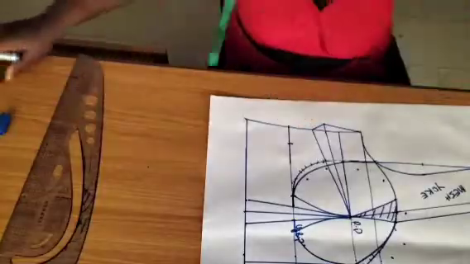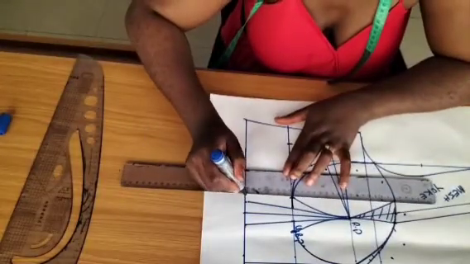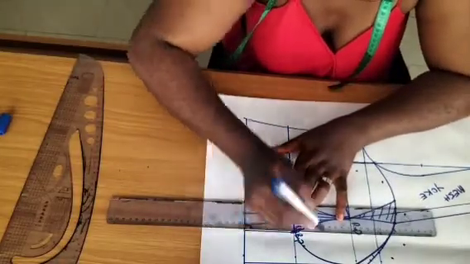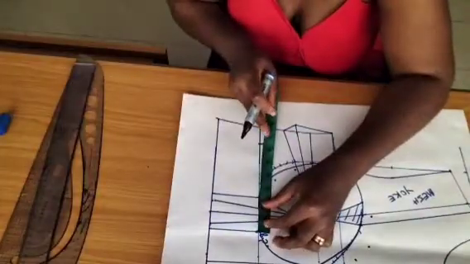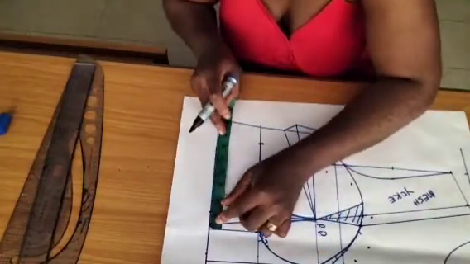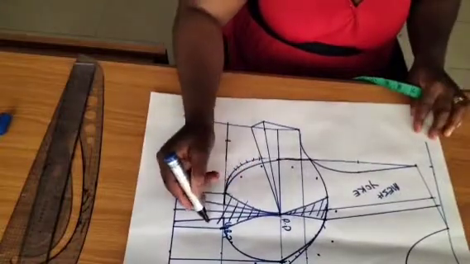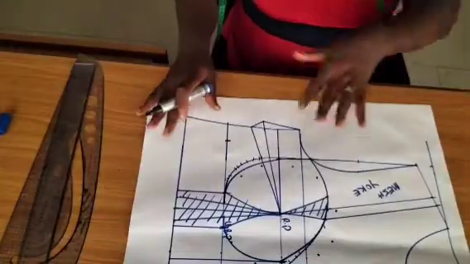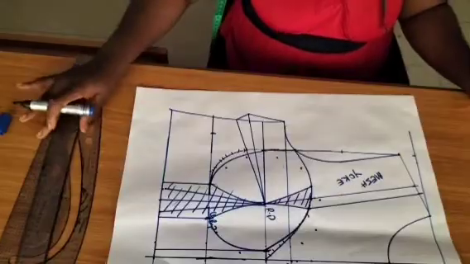Now I'm going to keep my ruler straight and construct this line. I'm supposed to have 2.25 here and 2.25 here. So this dart is going to go out. We don't need it. Alright, so that is that.